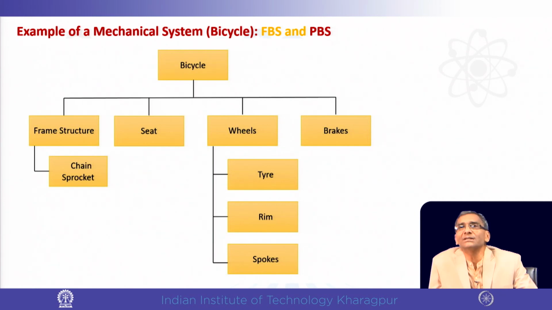In the physical breakdown structure, the main whole entity is the bicycle itself, like the example I said, where the whole entity is the toothbrush itself. Now if we break this bicycle down into its elements, we will have the frame structure, seat, wheels, brakes. Again, if we break down the wheels, we would further decompose them into tire, rim, spokes and those elements.